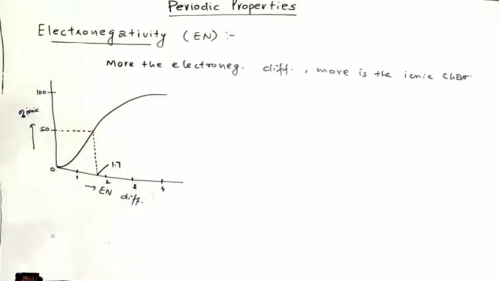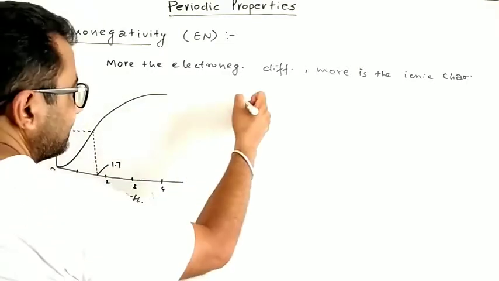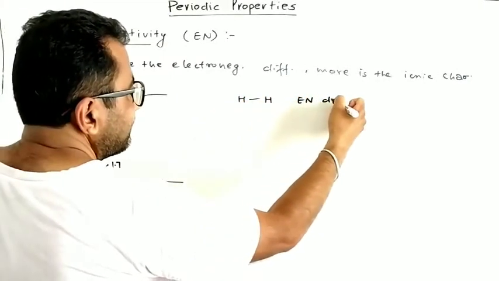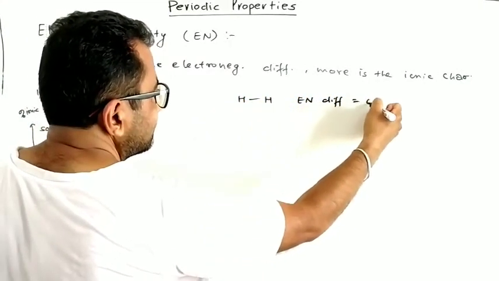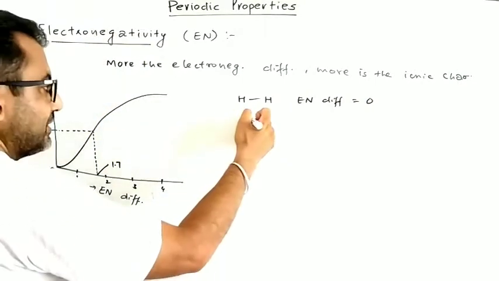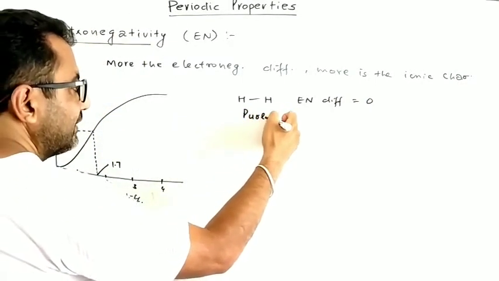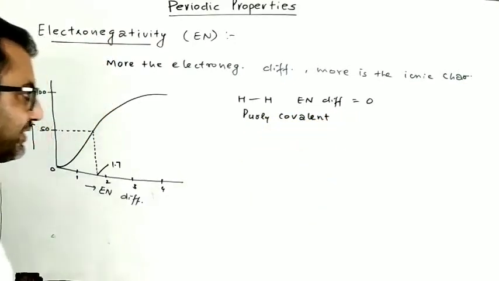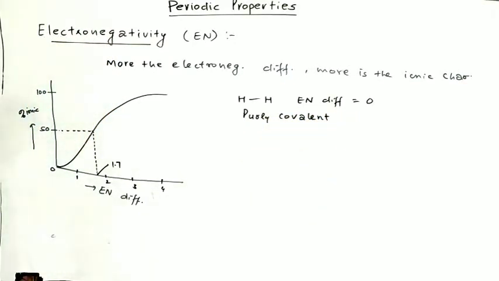Okay. If there is no electronegativity difference, like hydrogen, the electronegativity difference is 0 and the compound is purely covalent. As soon as electronegativity difference takes place, then ionic character increases and covalent character decreases.